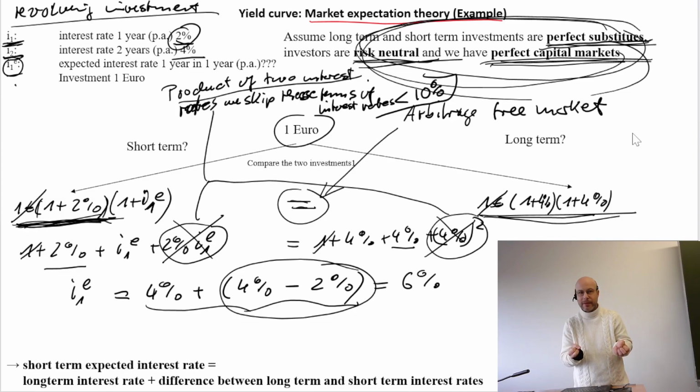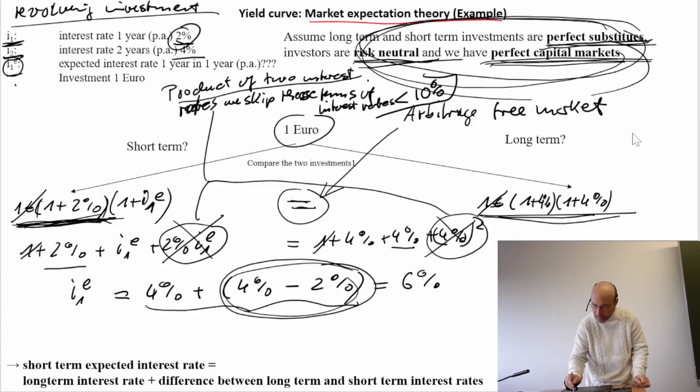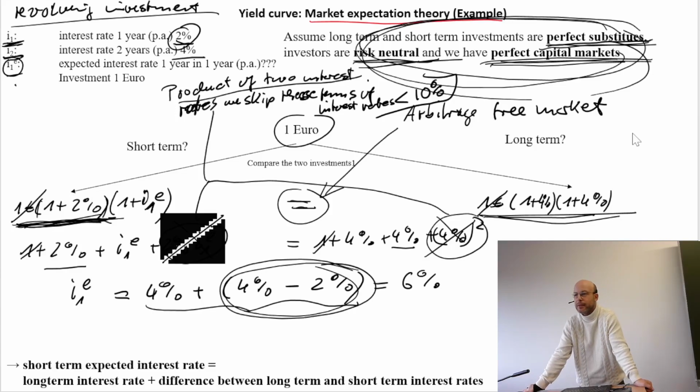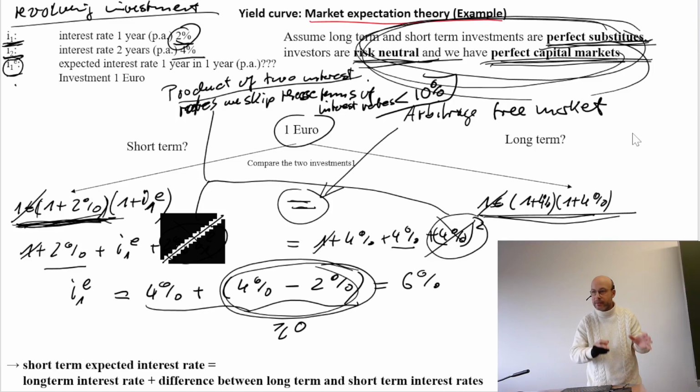And when will this in general happen? This will, of course, in general happen when this bracket here is larger than 0. So the main thing we have to think about is whether this bracket is larger or lower than 0.